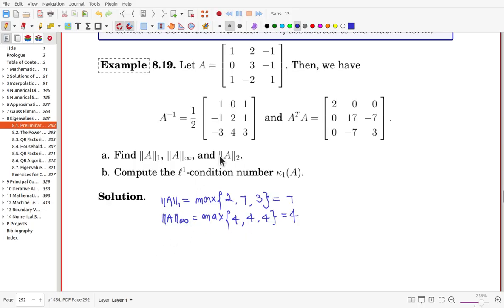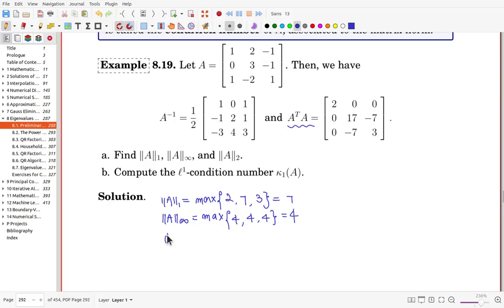Now, to get the 2 norm, you have to find the eigenvalues of A transpose A, and choose the largest one and take the square root.